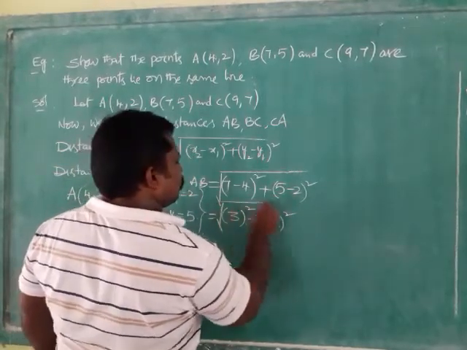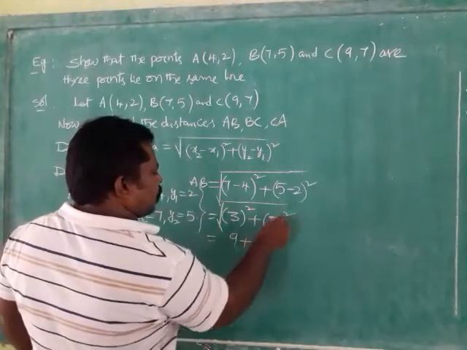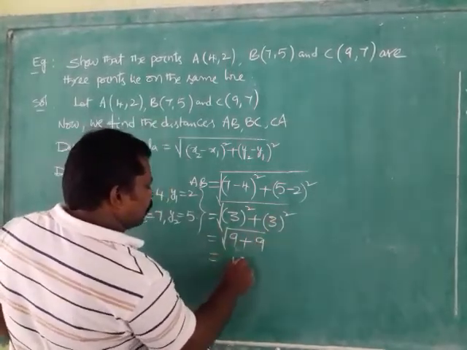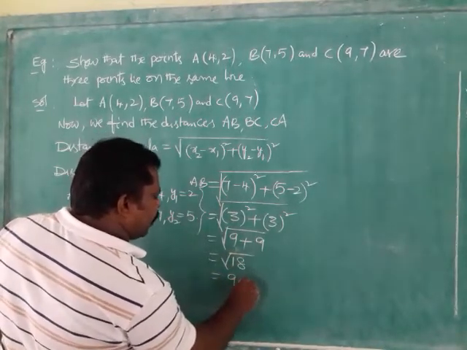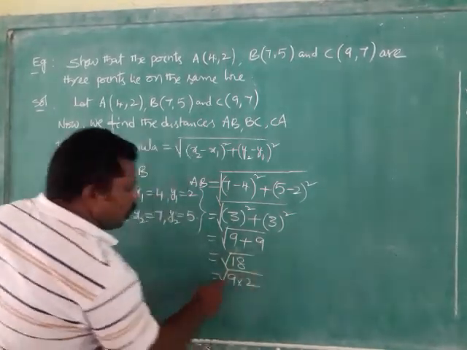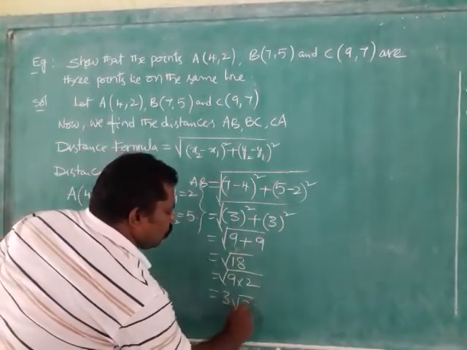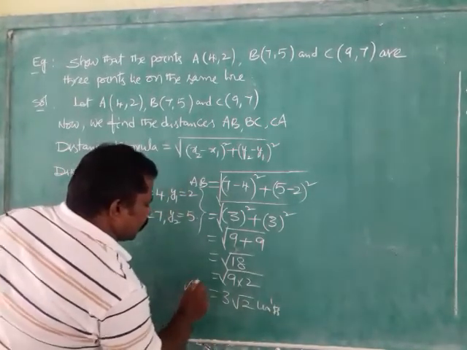Now 3 square means 9 plus 3 square means 9, which is equal to 18. This can be written as 9 into 2. The square root of 9 is 3, so root 18 is 3 root 2 units. That is the AB distance.